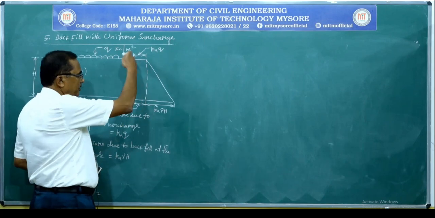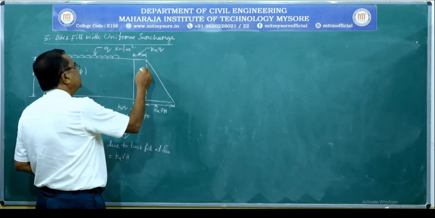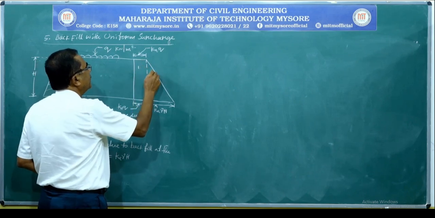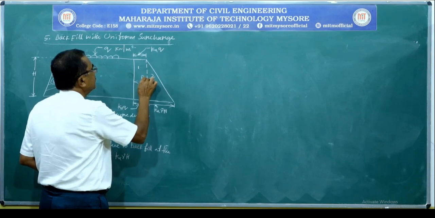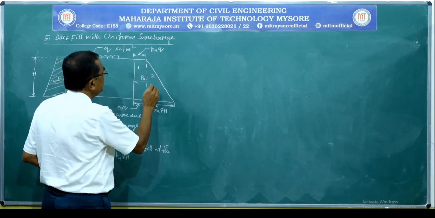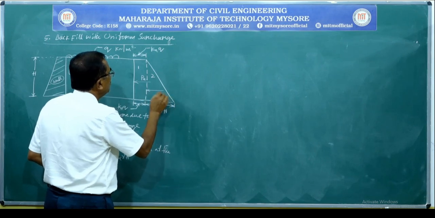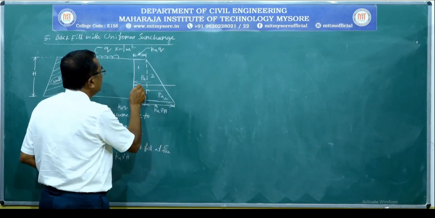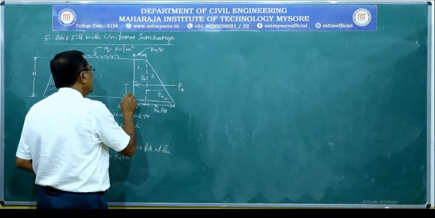Again, it is not possible to calculate area as it is. So we can consider two geometrical shapes separately. Number one rectangle and number two triangle. Consider the area due to the rectangle as PA1, and the triangle as PA2. PA acts at a height of y away from base.